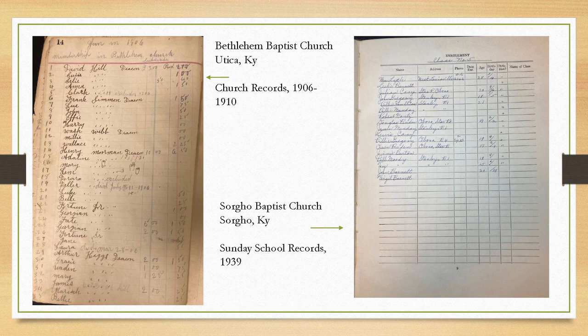In pencil, you can see dates of death. Sometimes there's other notes on there that I don't quite understand, but this gives you the families and you get death dates out of this. On the right is the Sunday school records for Sargo Baptist Church out in Sargo, Kentucky from 1939. You get the students, and some of them actually have their birthdays listed on there.